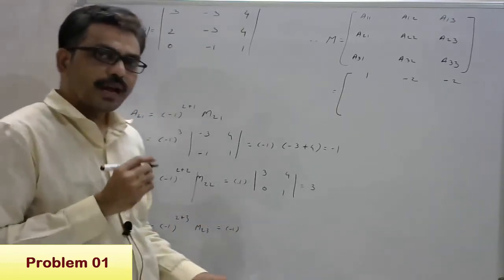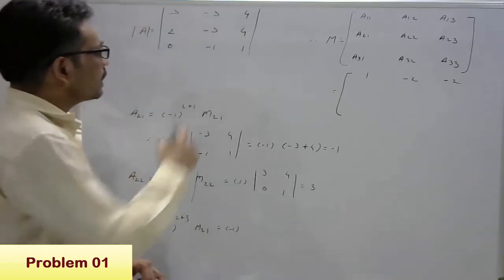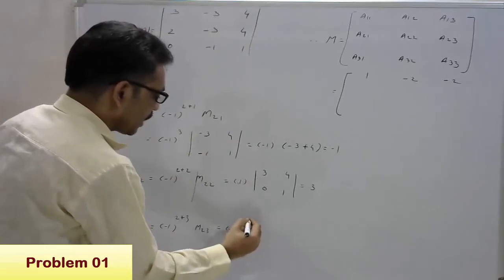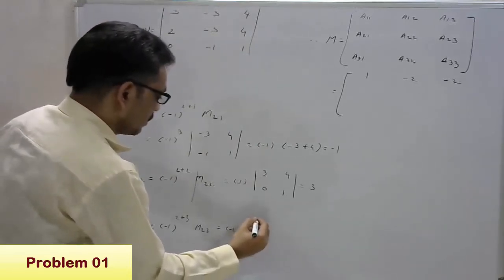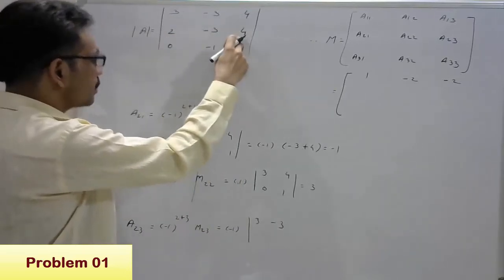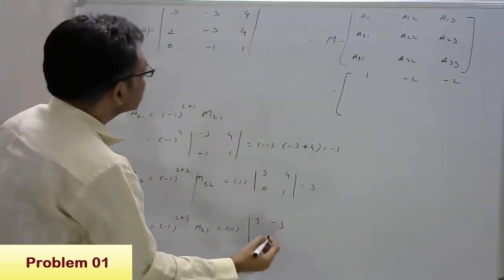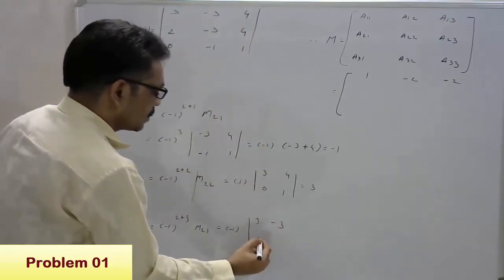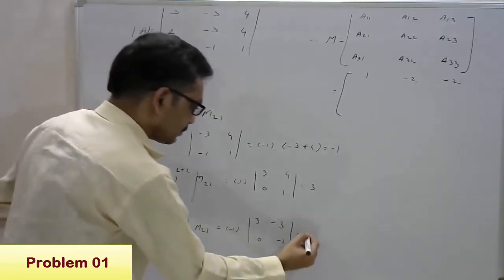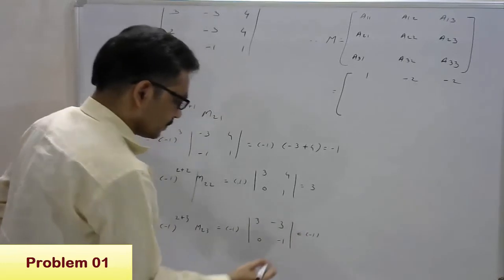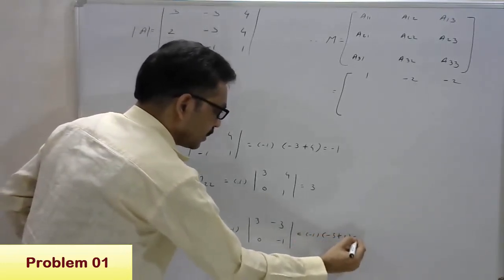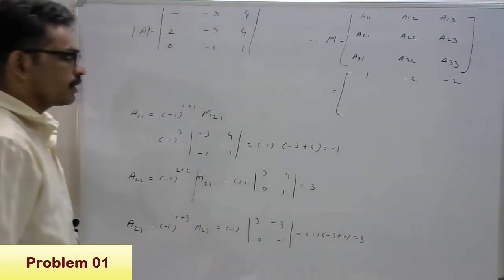And minor M23 is obtained by deleting the second row and third column. Therefore, the elements are 3, minus 3, 0, minus 1. Then this is equal to minus 1 into (minus 3 plus 0), which is equal to 3.